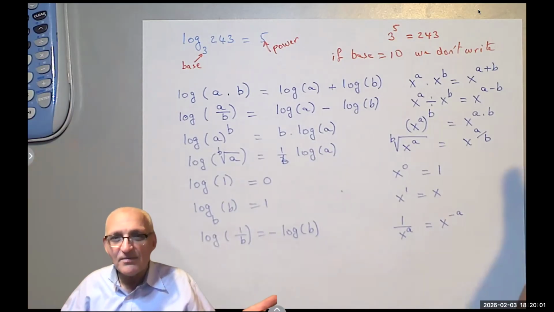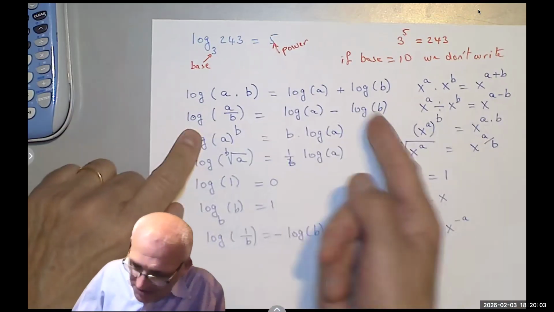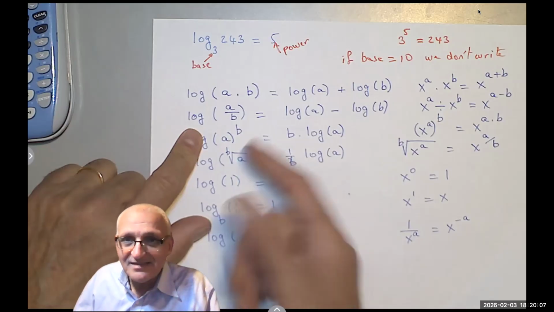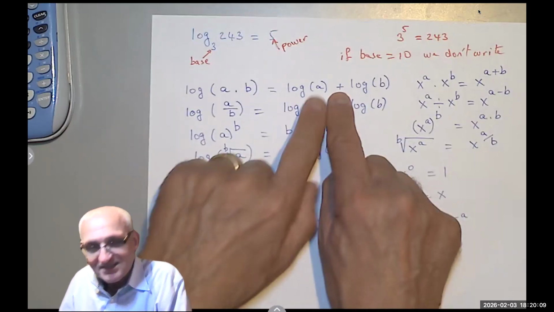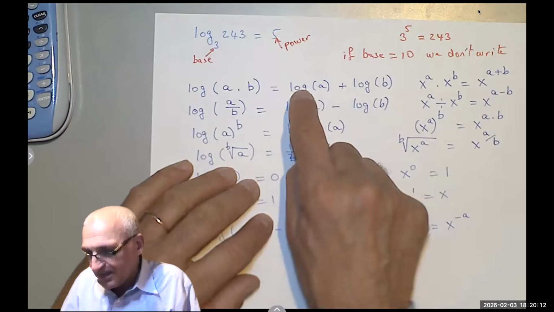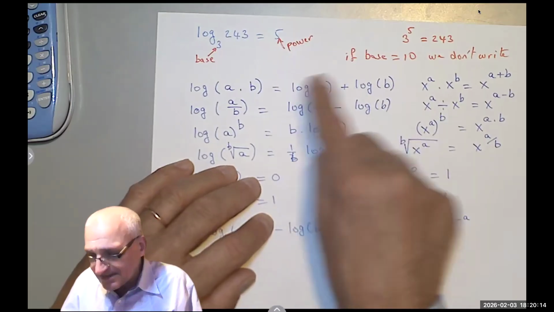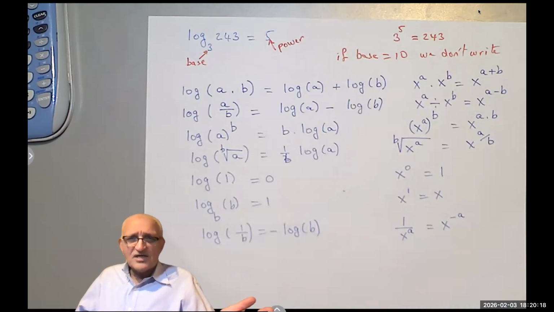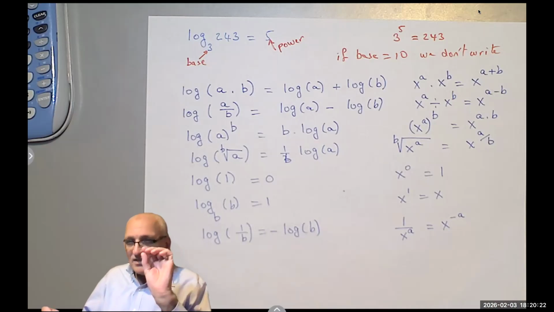You change the problem. You have to say, oh, it's log a over b. Yeah, that's fine. But you cannot change the plus into times. You don't say log a plus log b equals log a times log b. It's as if you are saying 2 plus 4 equals 2 times 4. No, you cannot do that. So be careful with this pitfall.